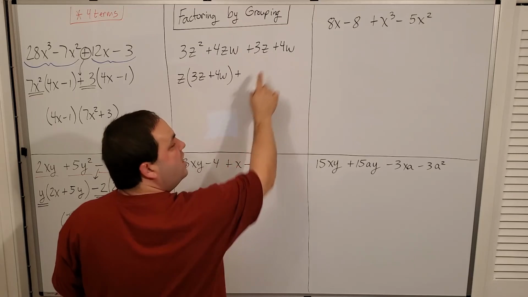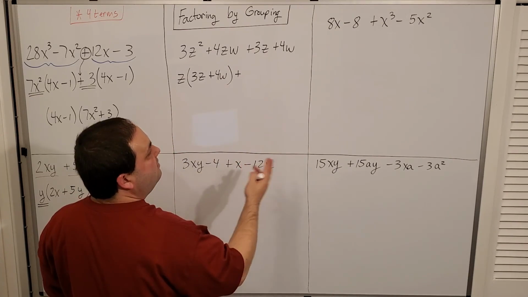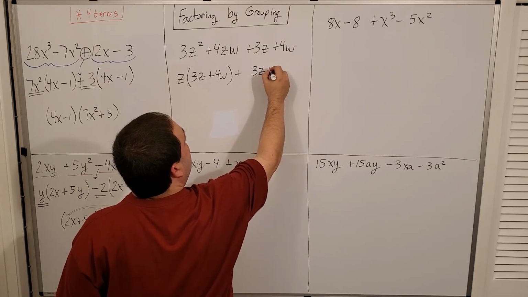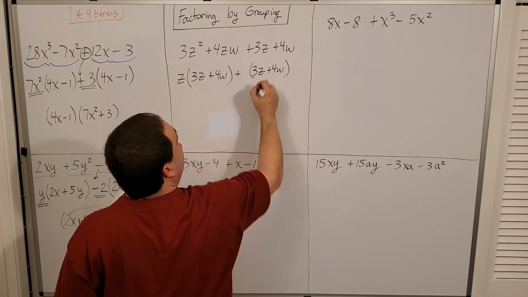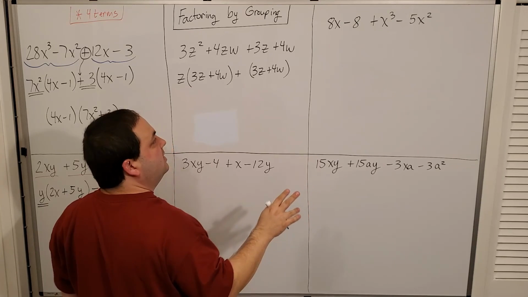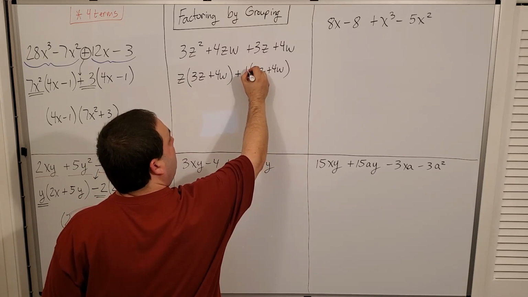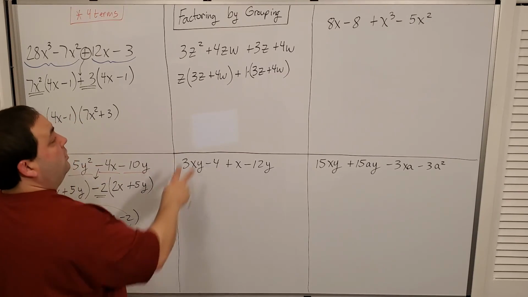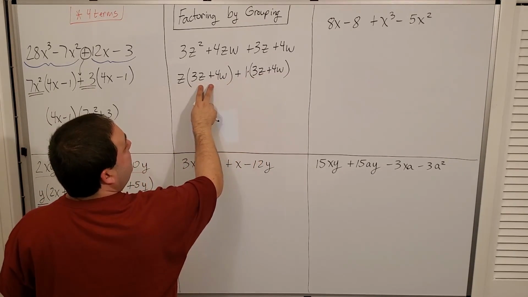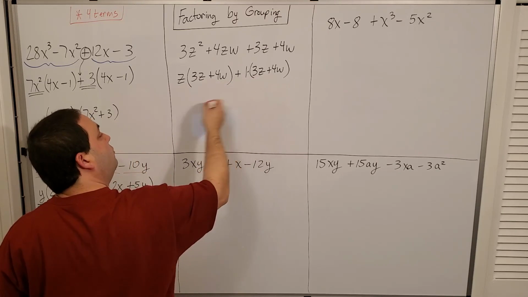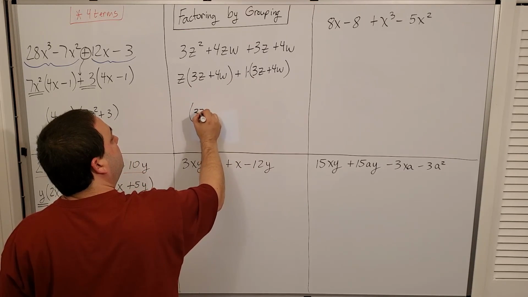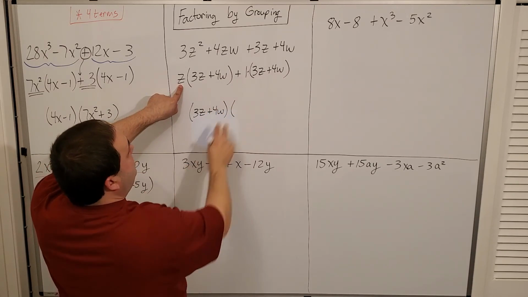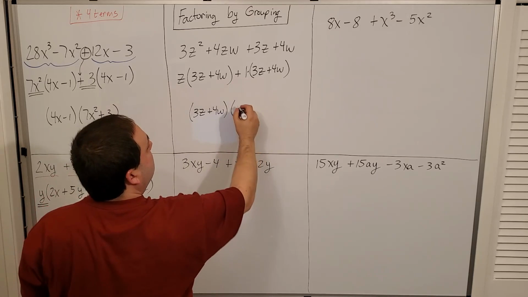These guys have nothing in common. 3z, 4w, and that's okay. 3z plus 4w, I'm going to write it as a group, and since they had nothing else in common, I'm just going to remind myself that there's a 1 in front of there. Okay? Notice my grouping is matched, 3z plus 4w, so I'm going to pull that out front, and I'm going to be left with z plus 1.